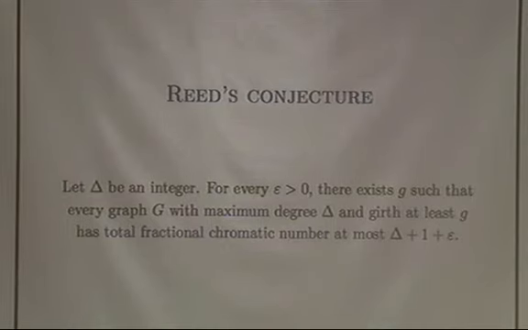For paths, the total chromatic number and the total fractional chromatic number is 3, and for cycles you can easily see that as the length of the cycle grows, the total fractional chromatic number approaches 3, but there are some cases where it's not equal to 3. And life becomes more interesting when delta is 3 or more.